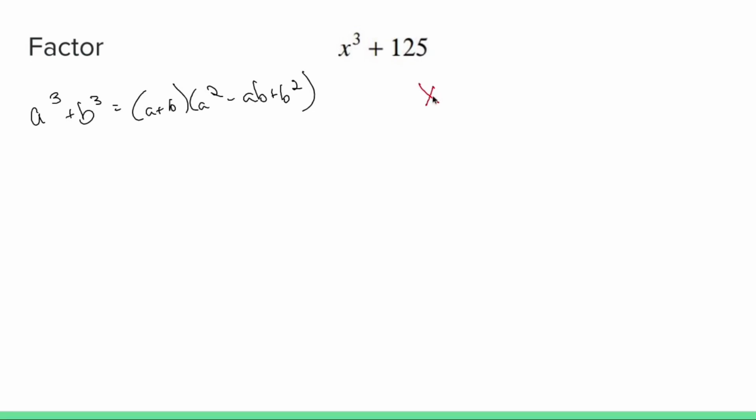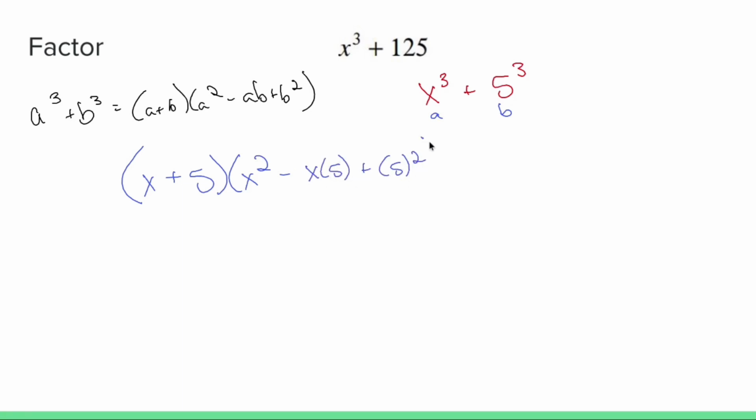But if I were to turn this 125 into 5 to the third, then you can see the sum of cubes. So you're my a and you're my b. Let's put it together. X plus 5, x squared minus x times 5 plus 5 squared.